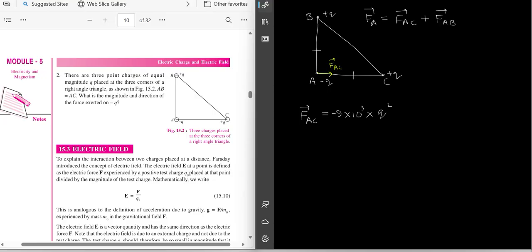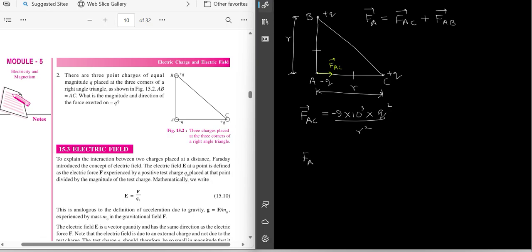This is q square divided by the separation. AB and AC are equal in size, so let us say if this is R, this will also be R, so it is R square.